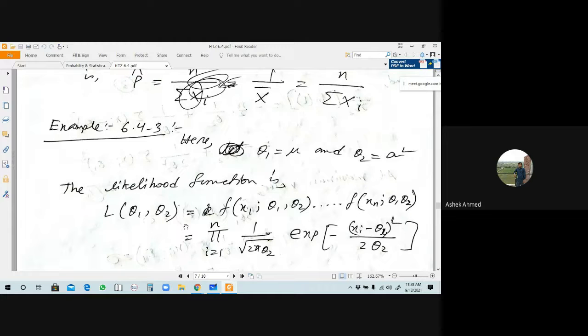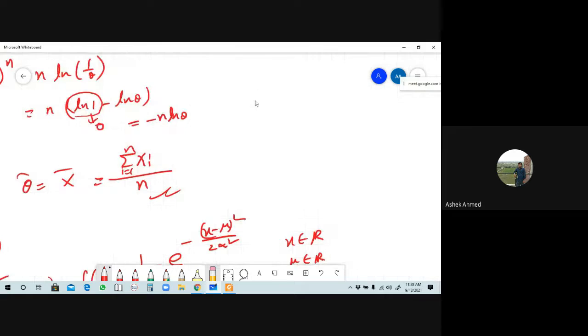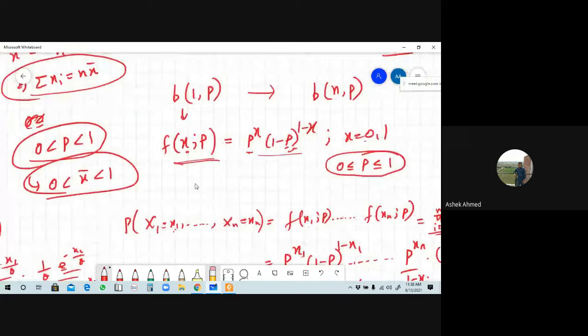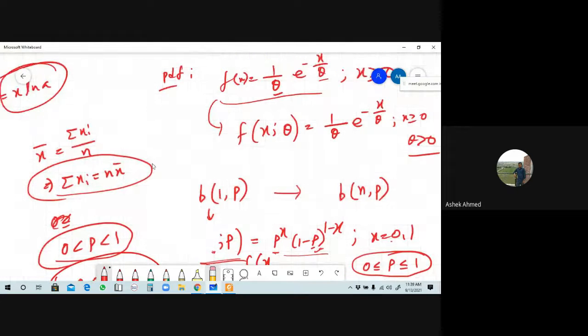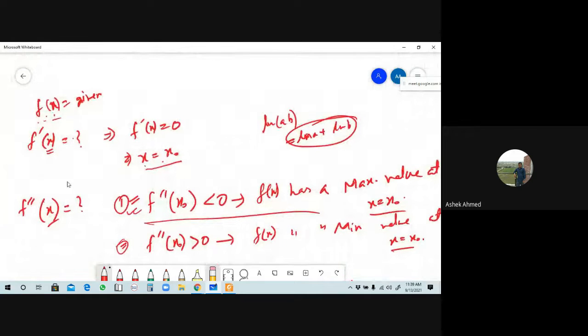When there was one parameter, the concept was the form that we have already discussed previously. When there is one parameter, this will be the concept here.